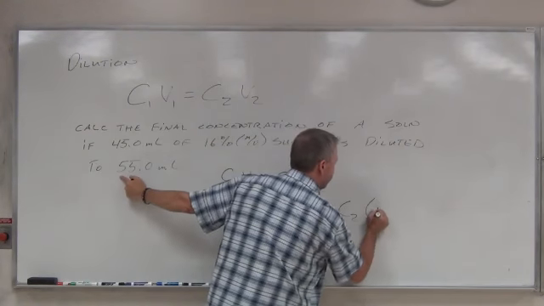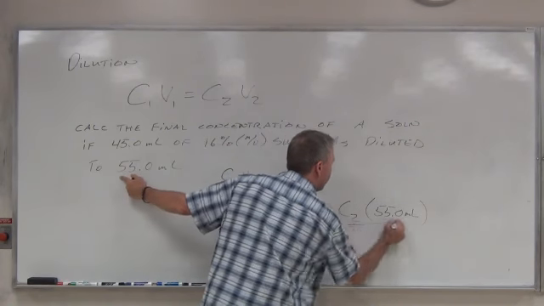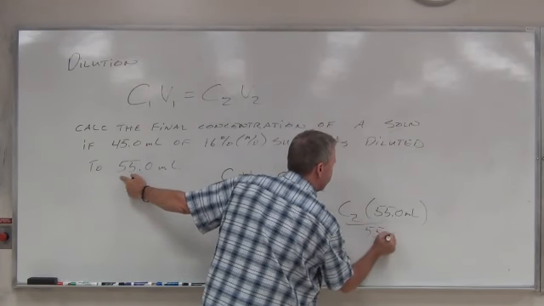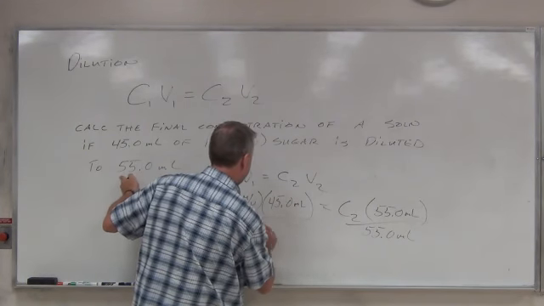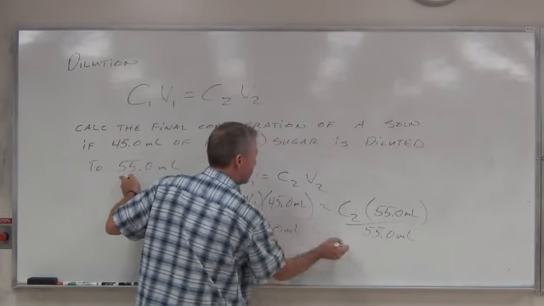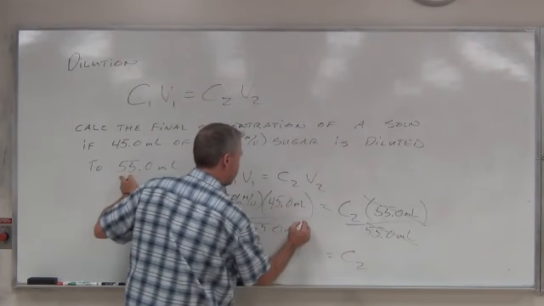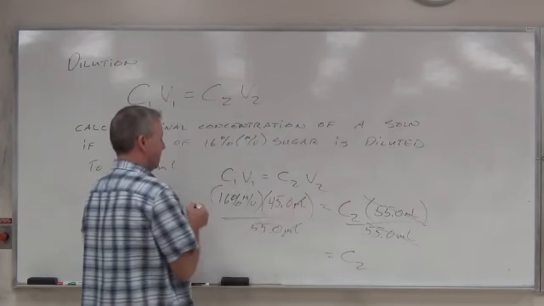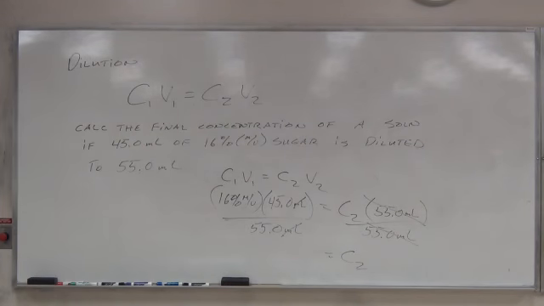V2 is 55 mils. I divide both sides by 55 mils. Cancel the 55 mils, I get C2. My mils cancel. What a coincidence. I'm left with a unit of concentration, percent, mass volume, which is what I was asked for.